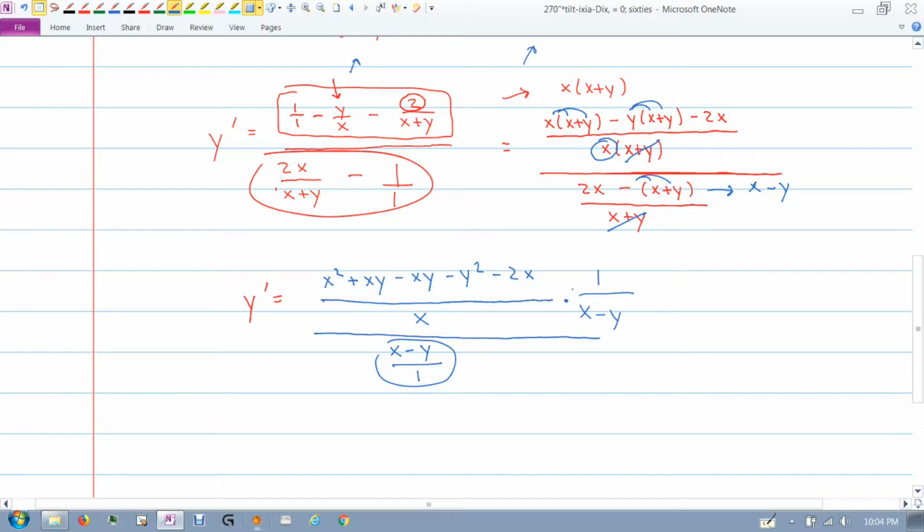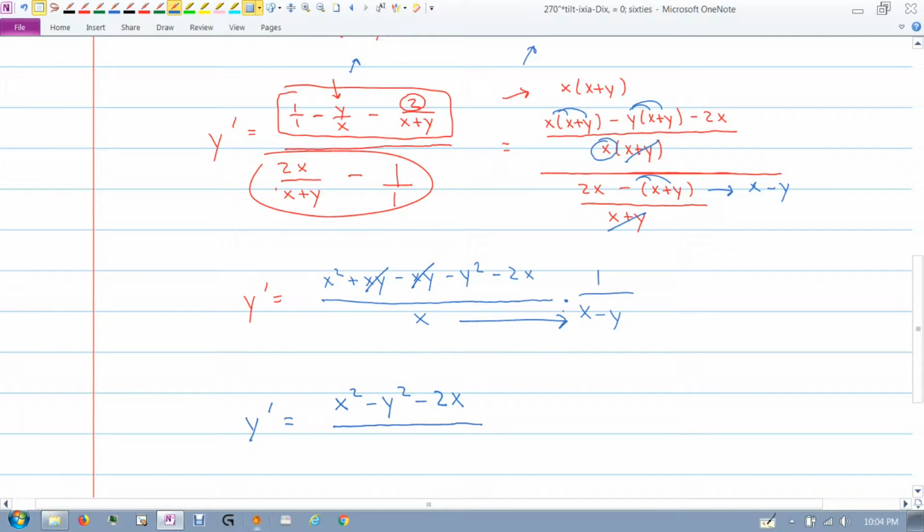I'm multiplying. And then it's essentially gone down here. And I think we're going to have a final expression for y prime here, because remember, that went away and that went away. So my numerator looks like x squared minus y squared minus 2x, and then all over, when I multiply this times this, I get x squared minus xy.